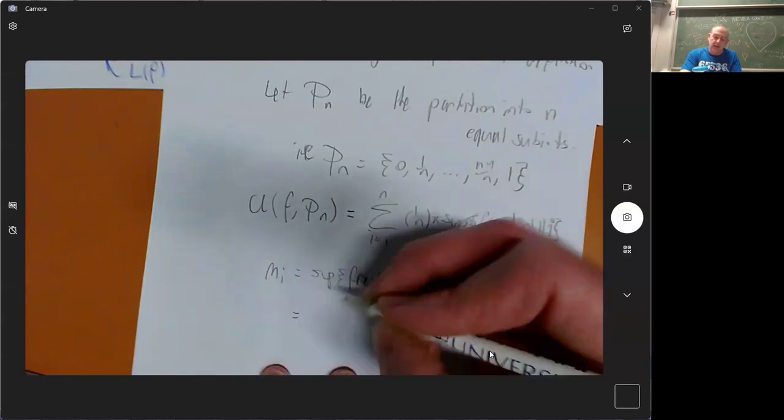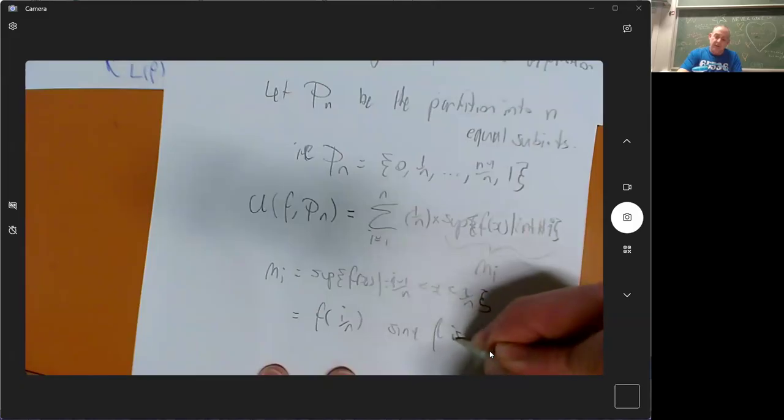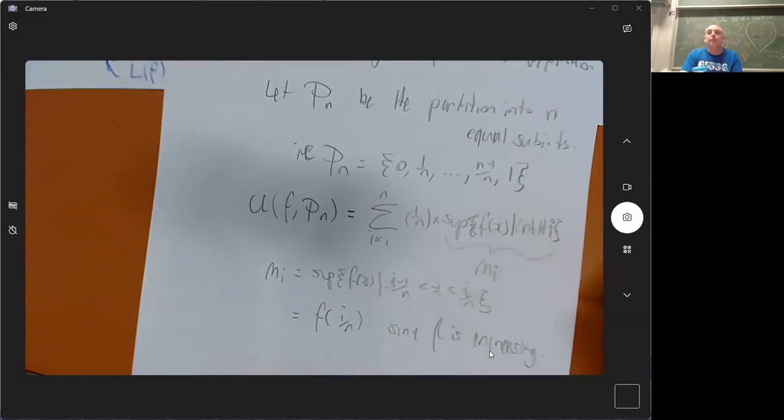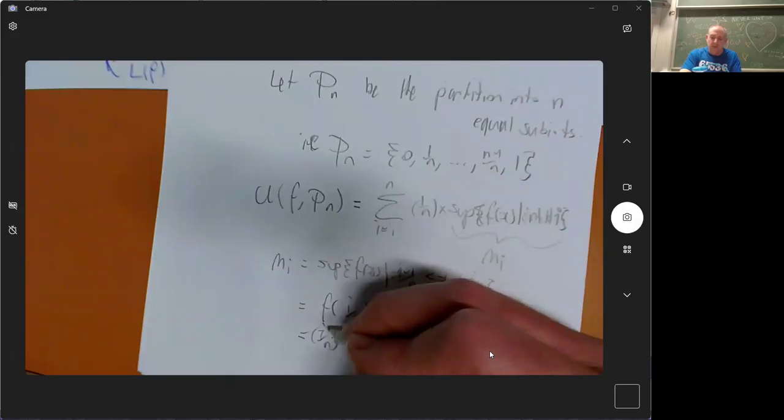And that is f of i on n, since f is increasing, which is i squared on n squared.